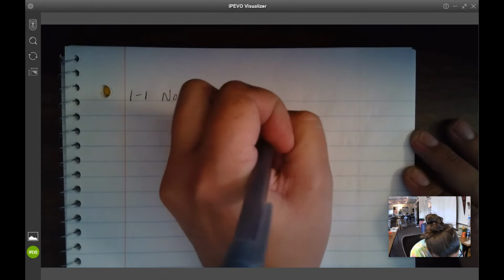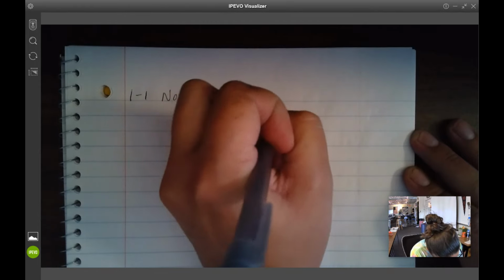Real numbers are split up into two categories: rational numbers and irrational numbers. So, what are irrational numbers?